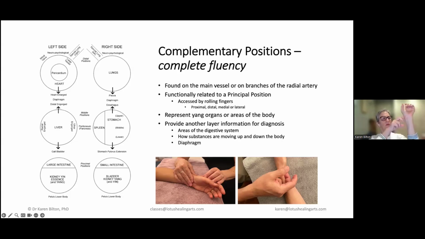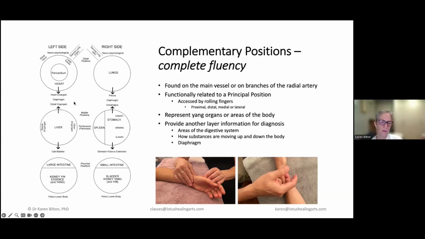For example, if we're rolling our fingers down like this, then we're feeling the gallbladder position. And if we're rolling up like this, then we're feeling the large intestine, and it's the small intestine on this side. So we roll our fingers to access the complementary positions, and they give us information about the yang organs, but also areas of the body.